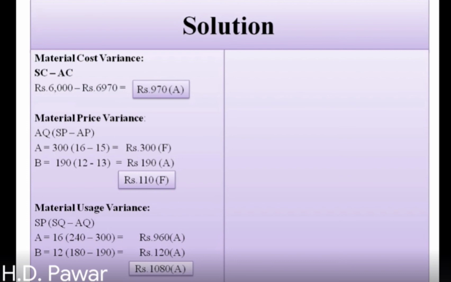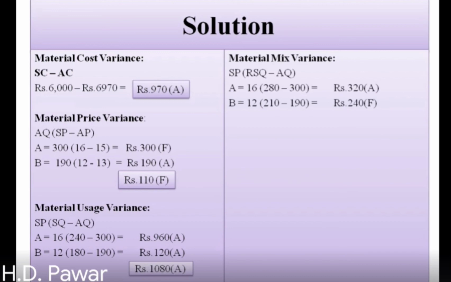Okay, the mix variance formula is material mix variance: revised standard quantity minus actual quantity, into standard price. And the revised standard quantity we calculated in the last column of the table. Okay, put the values in the formula and this is your answer, 80 adverse. If this is 80 adverse, then next is 1000 adverse.